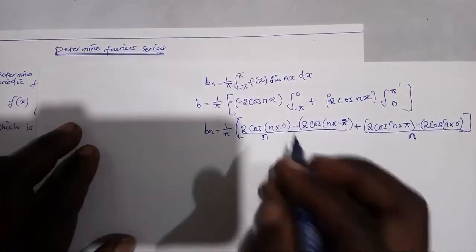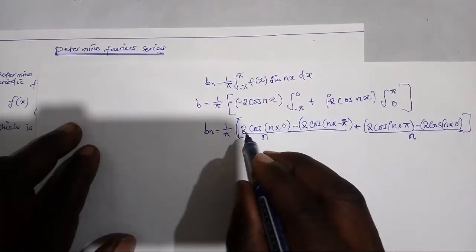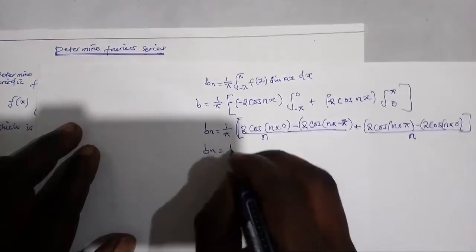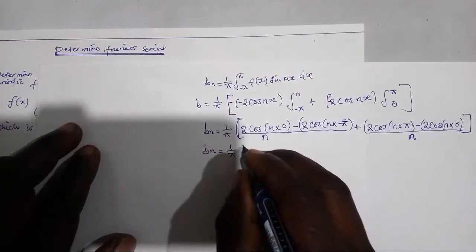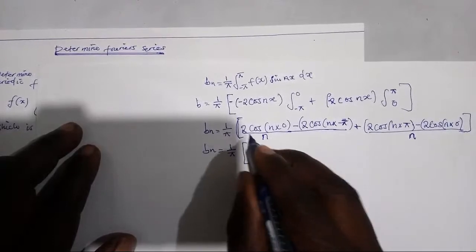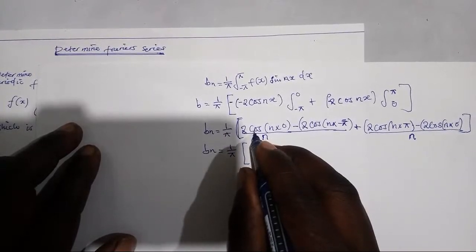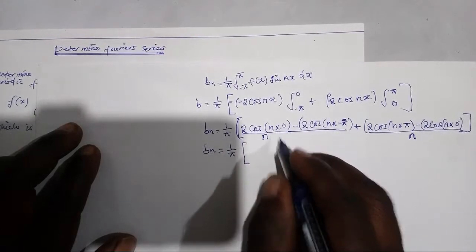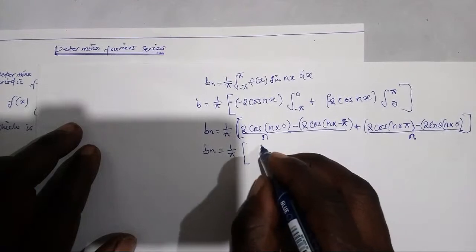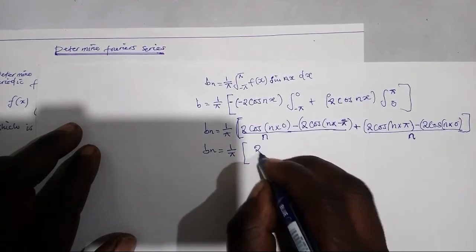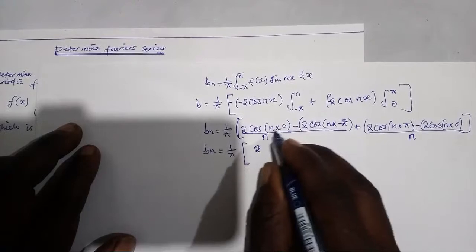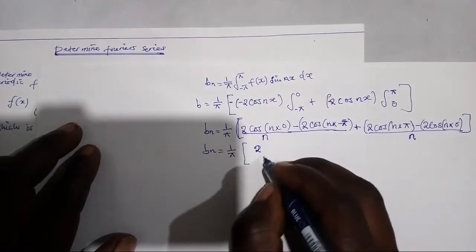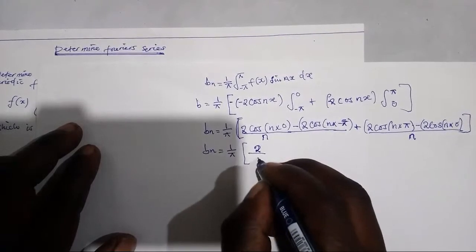So here we have 1 times 2, so b n will be equal to 1 over pi, then open square bracket, then 2 times cos 0. Here you are going to have 2, because n times 0 is 0, so cos 0 is 1. 1 times 2, you're going to have 2 over n.